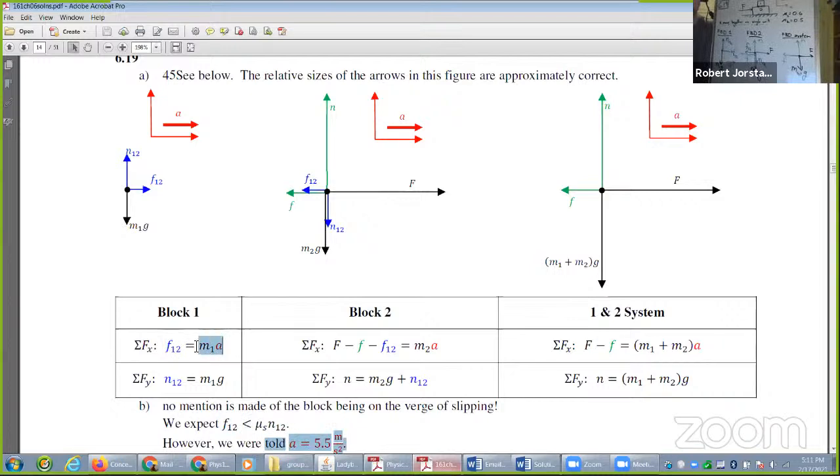That is what is different with this type of problem when you're not on the verge of slipping. Once you get that, the whole problem follows. So because we know this, who cares if we don't know that equation anymore? We can use this. Any questions about that?